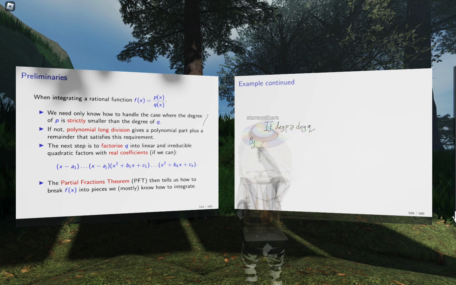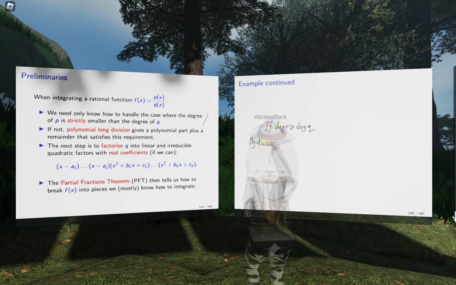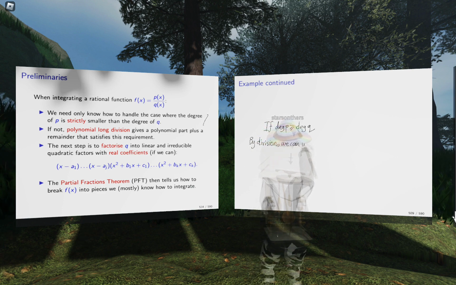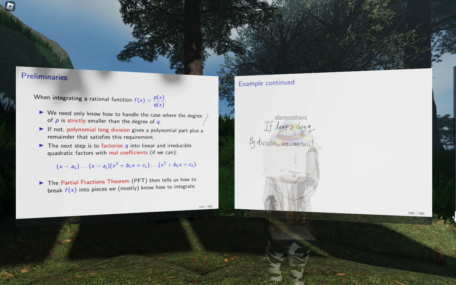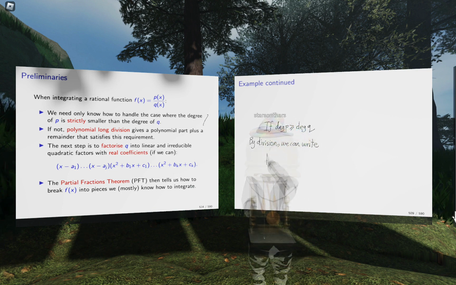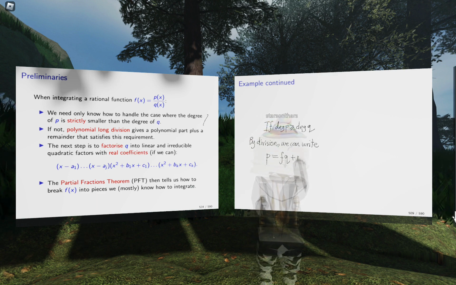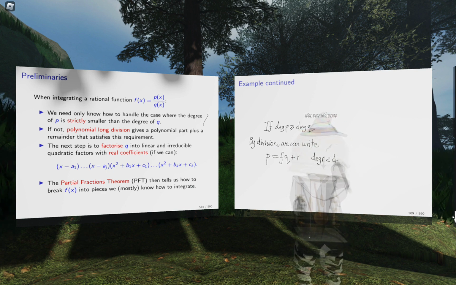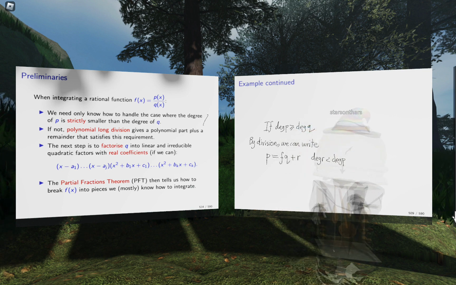Well then, by long division or Euclidean division, we can write p as something times q, let me call it f, plus r, where the remainder r has a degree less than the degree of q.